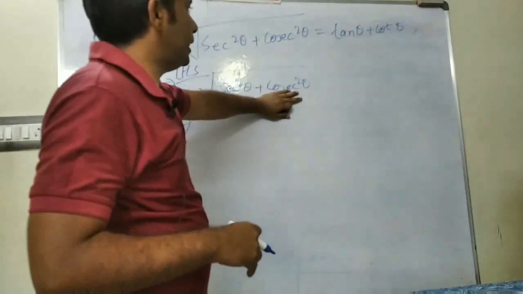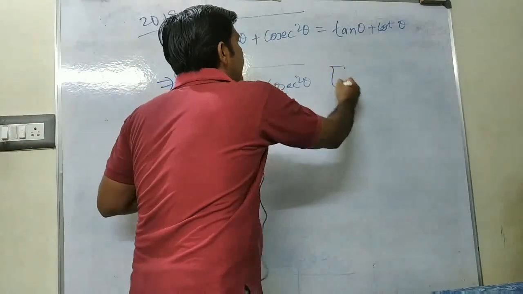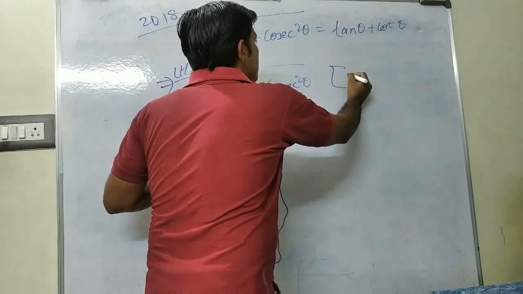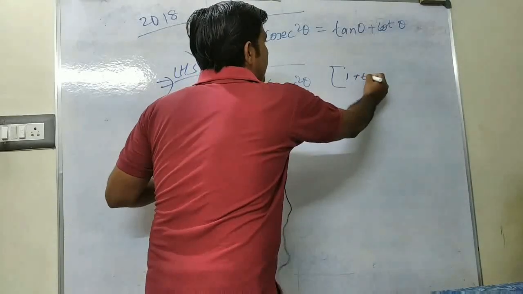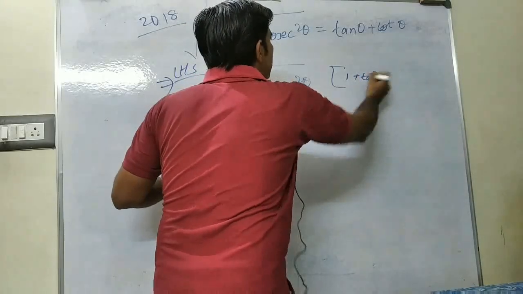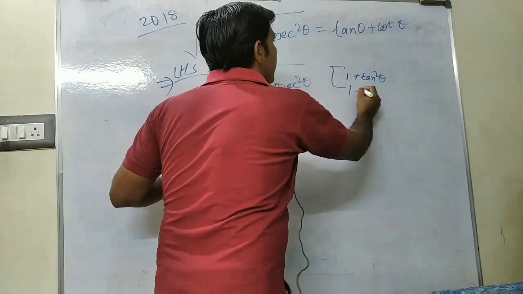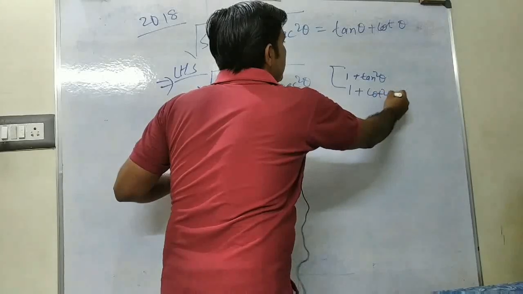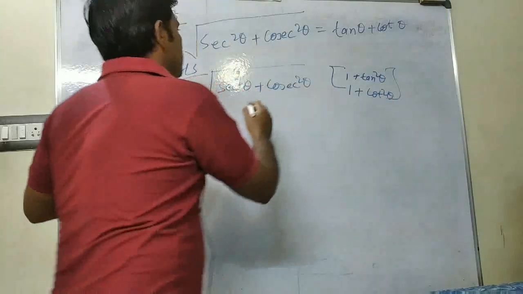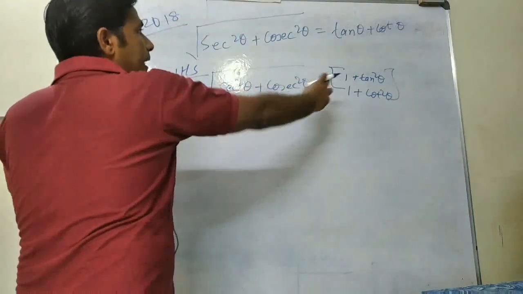If we derive it from here, we can write sec square theta as 1 plus tan square theta, and instead of cosec square theta we can write 1 plus cot square theta. So instead of these two we will write that.